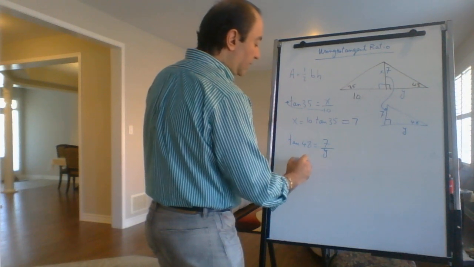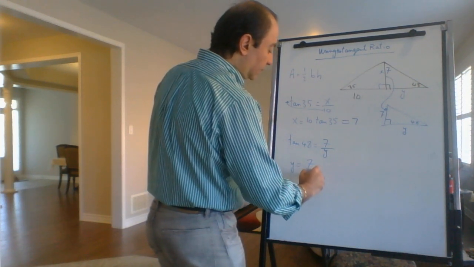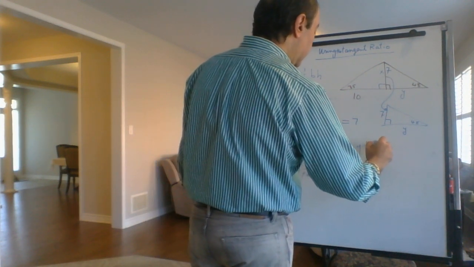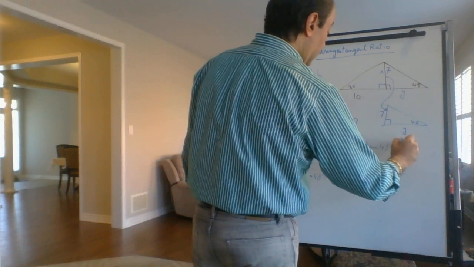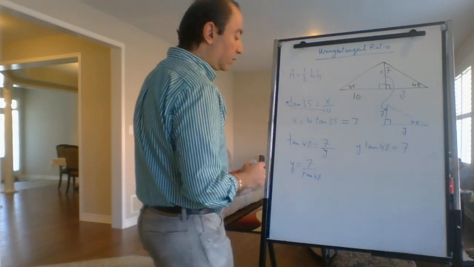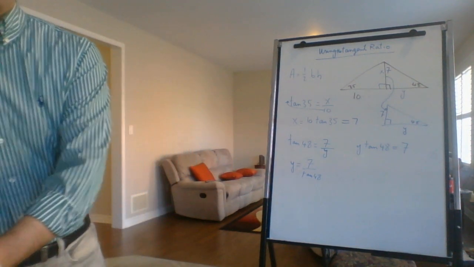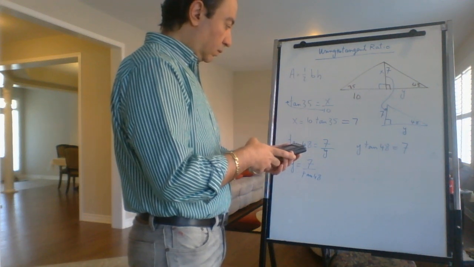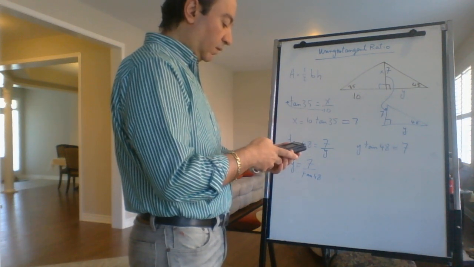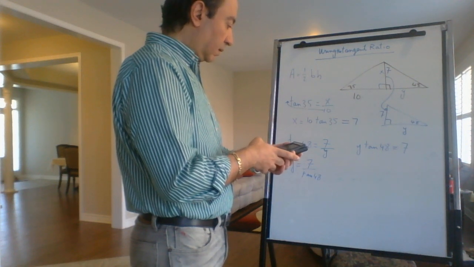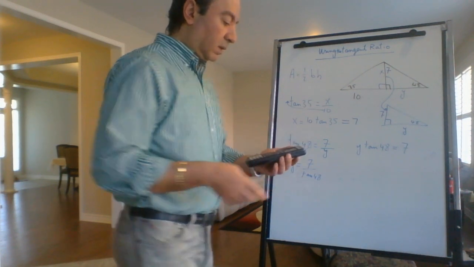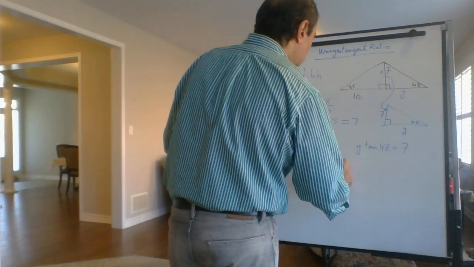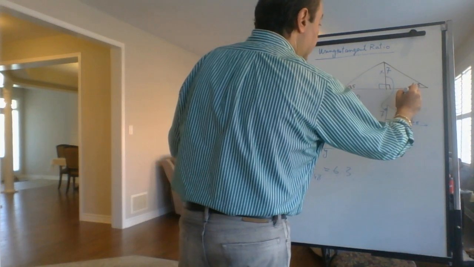So y will equal 7 over tan 48, because I multiplied both sides by y, then I divided by tan 48, so this is what we have. So 7 divided by tan 48, this will be 6.3. So this part is 6.3.